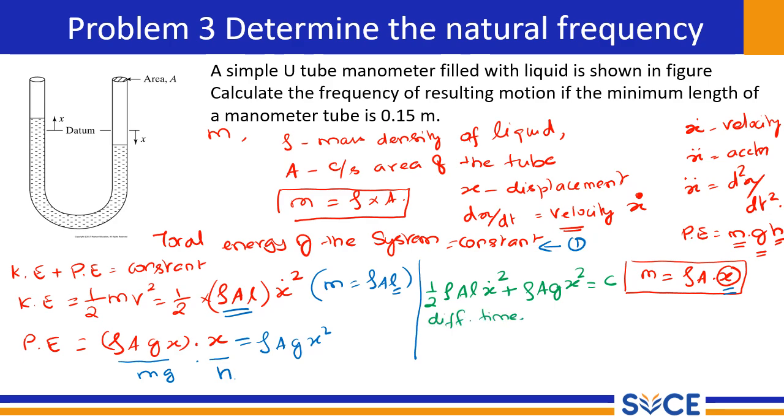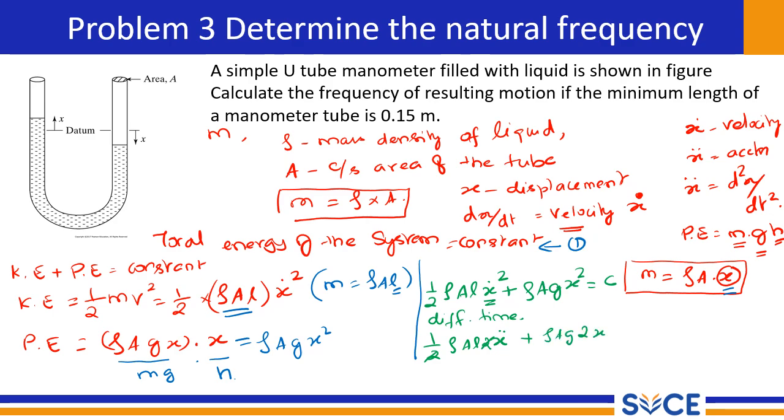When we differentiate x dot square with respect to time, it becomes acceleration, x double dot. This 2 will come here, so the two will get cancelled. So rho A L x double dot plus rho A g 2x.